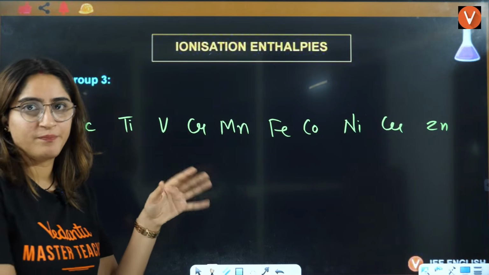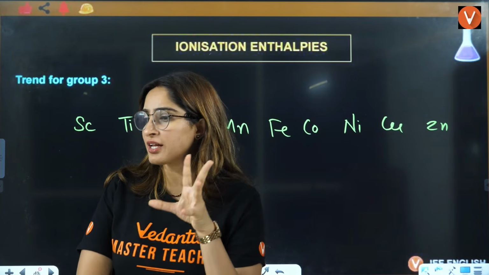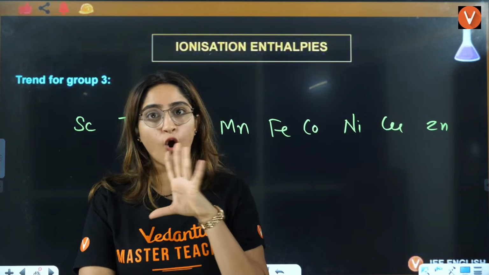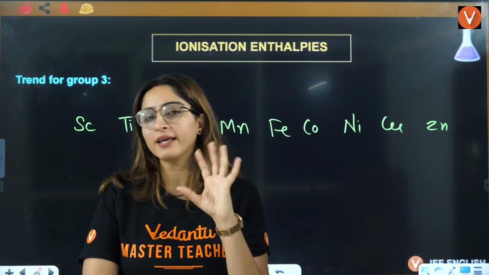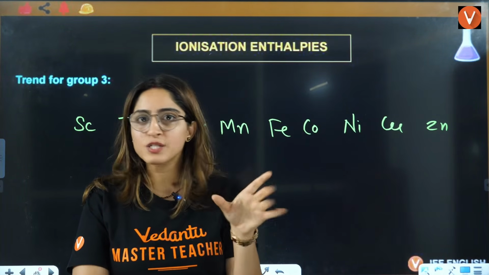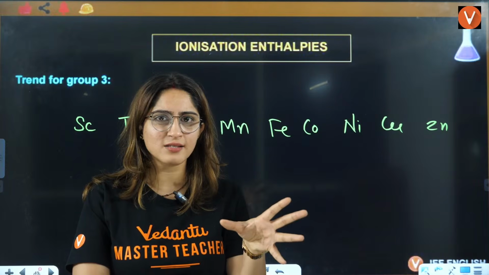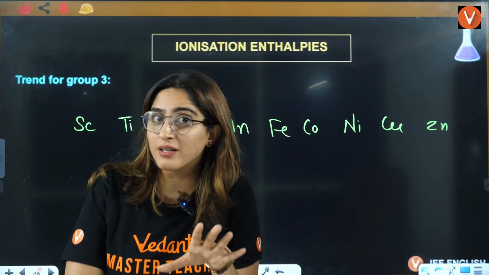Along the period, what should happen? In general, does ionization enthalpy increase or decrease along the period? Along the period, size in general decreases, right? So ionization enthalpy should increase in general, right?